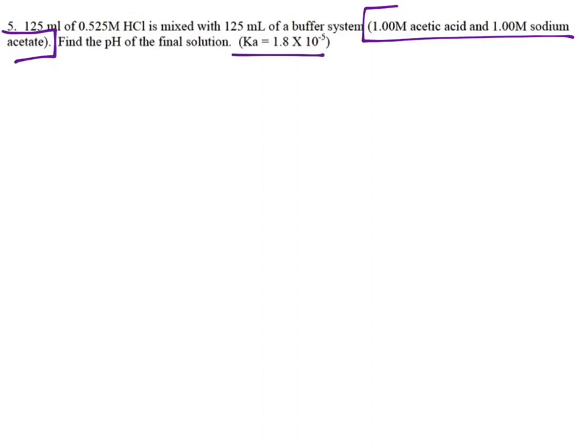So the very first thing is let's deal with the acid. Our acid ion, our H plus, is added to a buffer system. Our buffer system is acetic acid and the acetate ion.